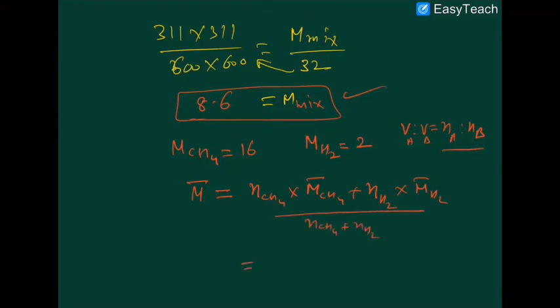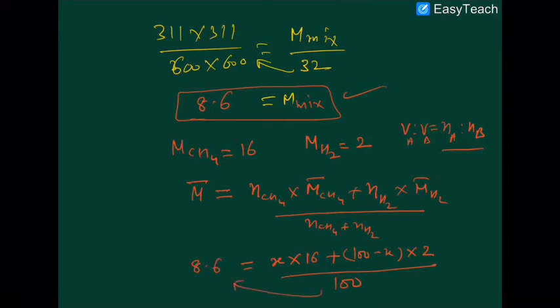So I will take X as the methane into its molar mass 16 plus 100 minus X as hydrogen into its molar mass 2 divided by 100, that is number of moles of both of them. Molar mass of mixture is 8.6.